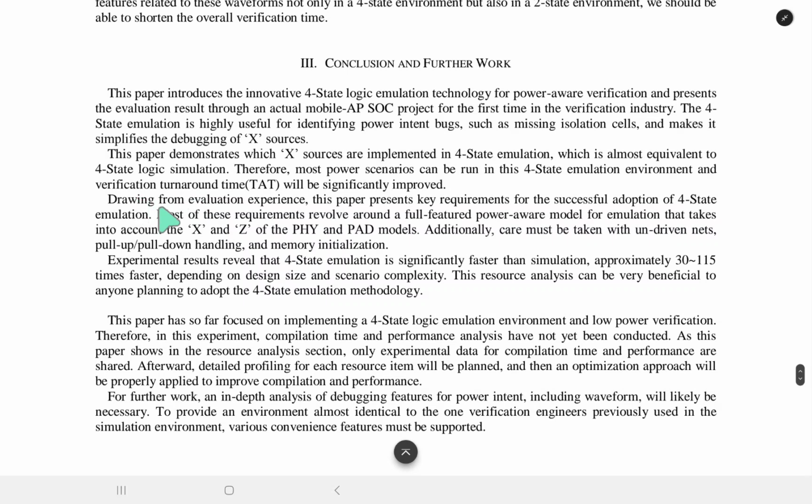Drawing from the evaluation experience in this paper, it presents the key requirements for the successful adoption of 4-state emulation. Most of the requirements revolve around full-feature power-aware models for emulation that take into account the X and Z of the PHY and pad models. Additionally, care must be taken with undriven nets, pull-up and pull-down handling, and memory initialization.